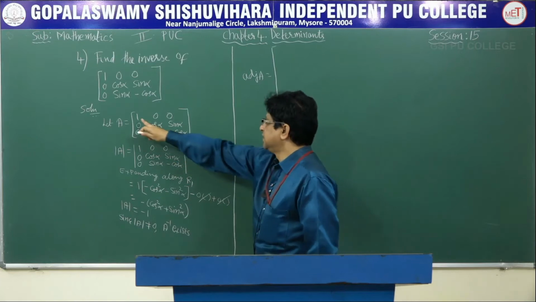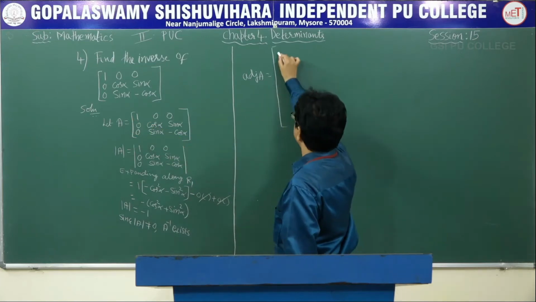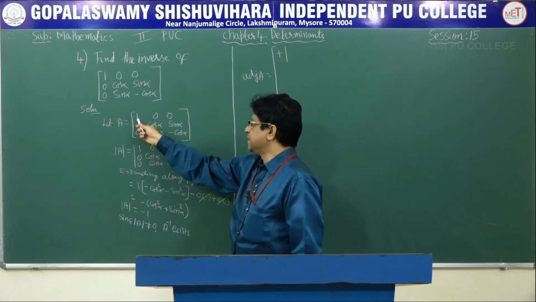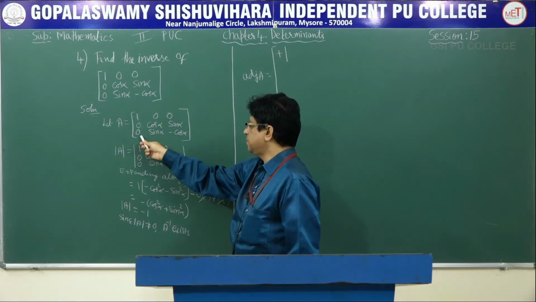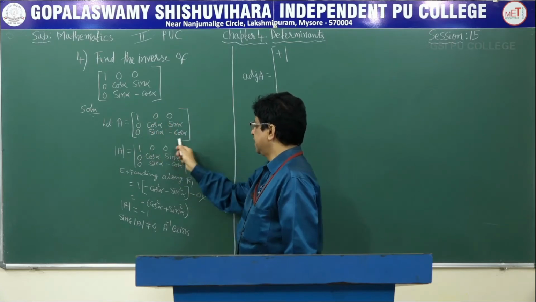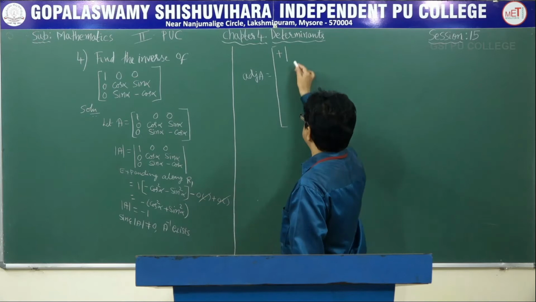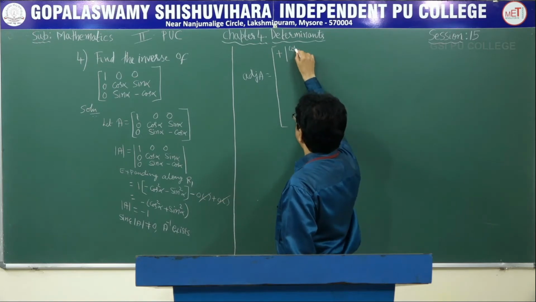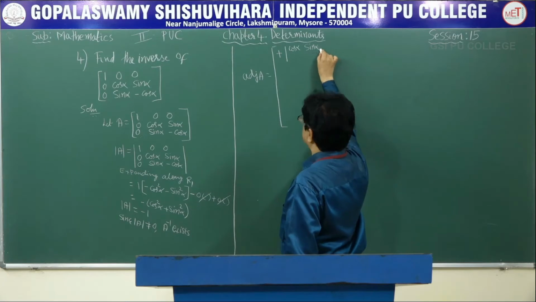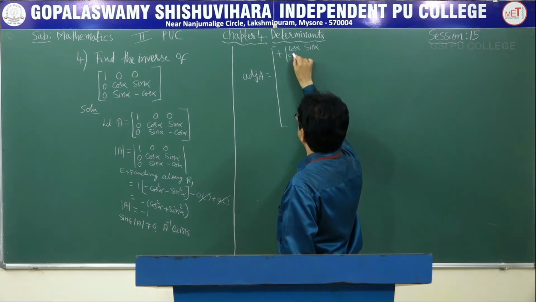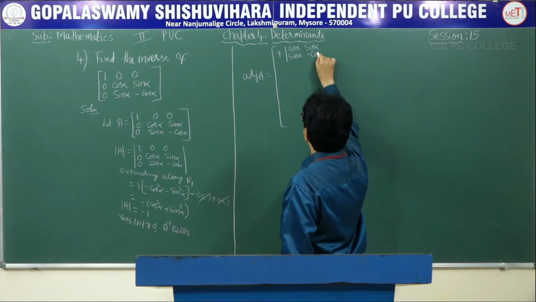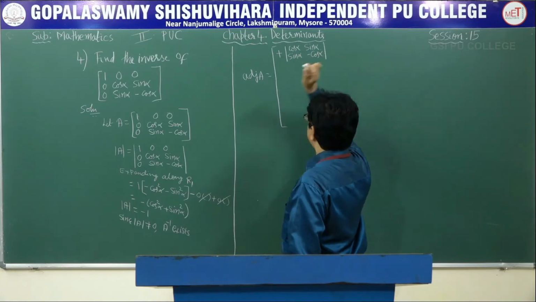So, let us find the cofactor of 1: plus determinant of. So, 1 lies in the first row, first column. We eliminate the first row and first column and take the determinant of the remaining elements, that is determinant of cos alpha, sin alpha, sin alpha, minus cos alpha.